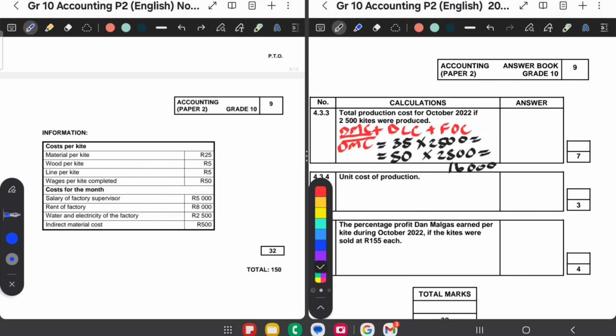So I'm going to get the answers to those and then add 16,000 as well. So here I get 87,500. Here I get 125,000. So then I just say, let me add them up. It's this one, plus this one, plus that one. And I get a total of 228,500.